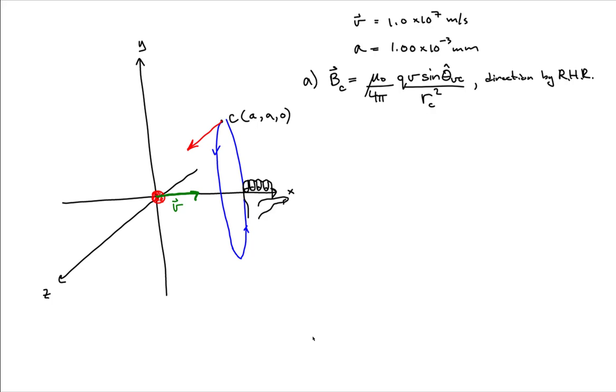So the magnetic field at point C will be in the positive z direction. So I'll just go ahead and put a k hat right here as a reminder.